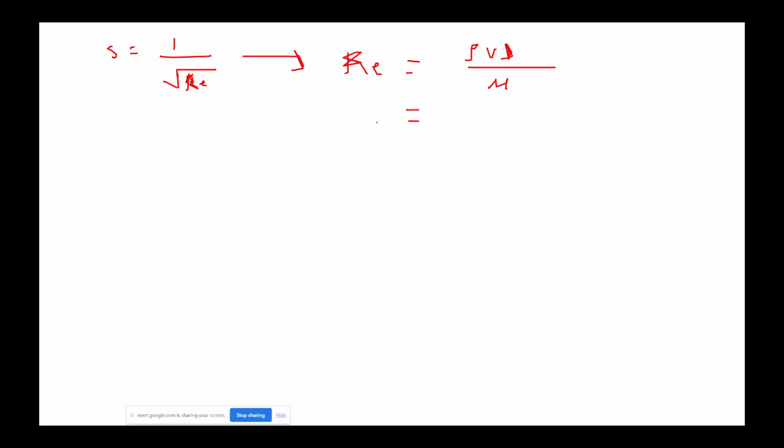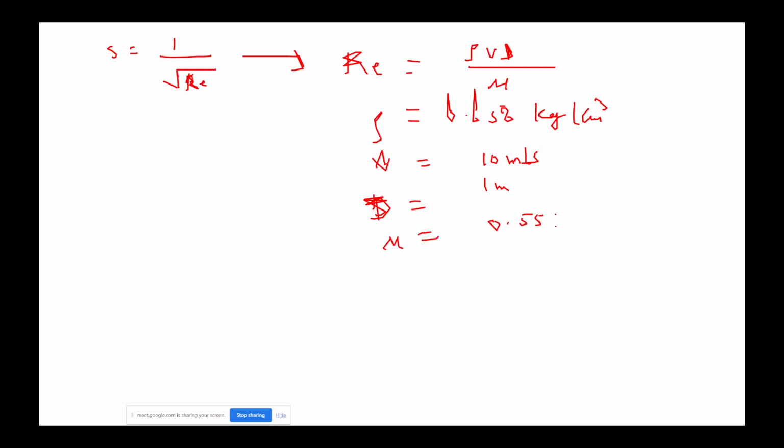So here, as you can see, rho is given 0.658 kilogram per centimeter cube. V is the velocity, given 10 meter per second. D is 1 meter. Mu is viscosity, given 0.55. And when you convert, it is 0.55.